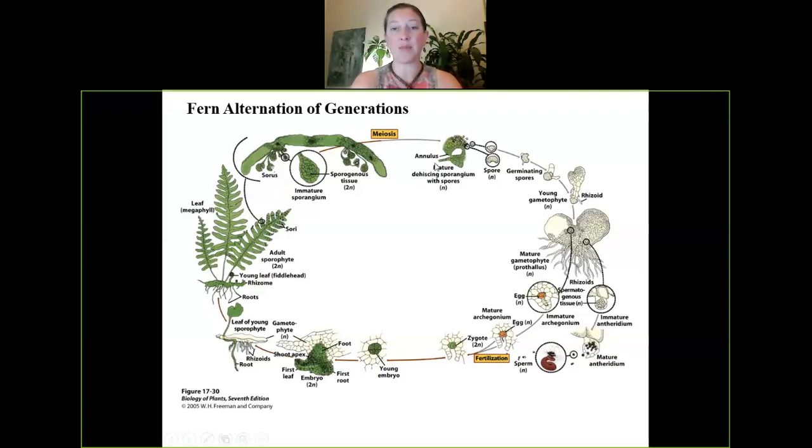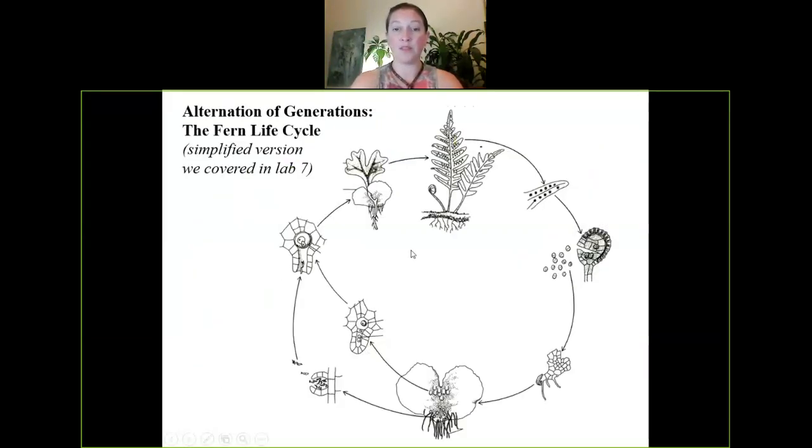So this is that same thing. Here, just to get you oriented, this is the fern gametophyte plant on this diagram, and then it continues through the life cycle going this way.